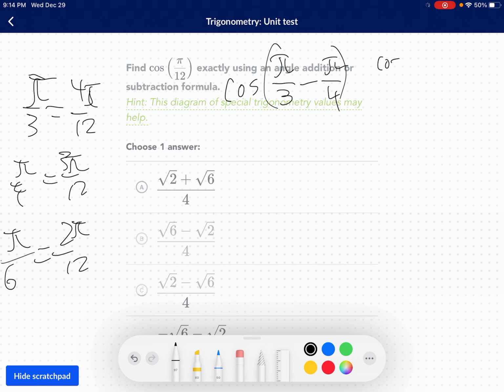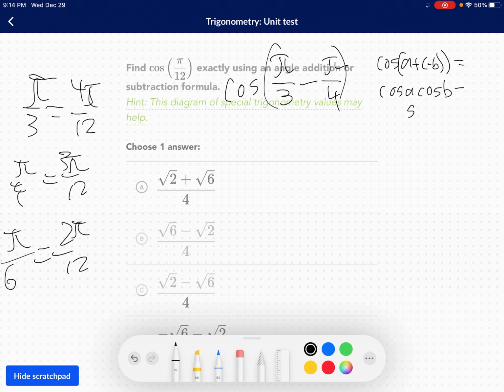So cosine of this is the identity cosine A plus negative B equals cos A cos B. You don't need to negate it because it's an identity.